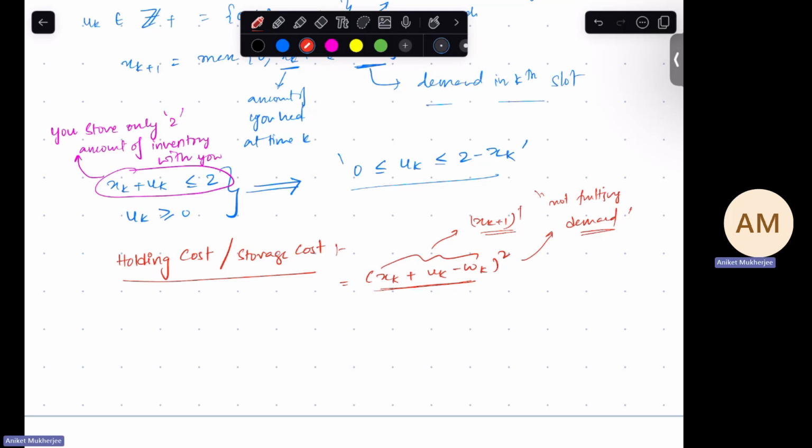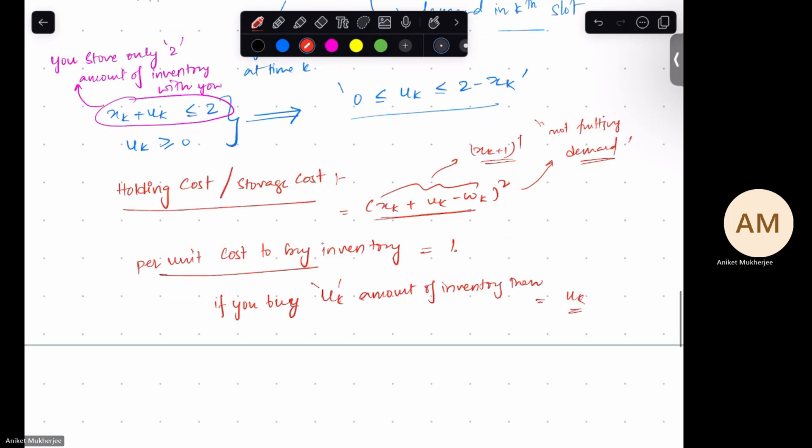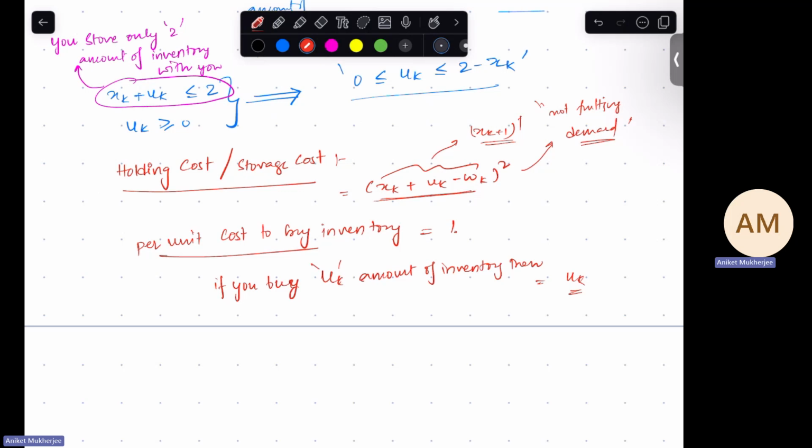And next you have your per unit cost to buy inventory. The per unit cost of buying inventory is 1. So basically, if you buy uk amount of inventory, then your cost is uk.